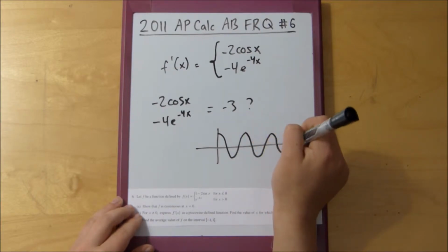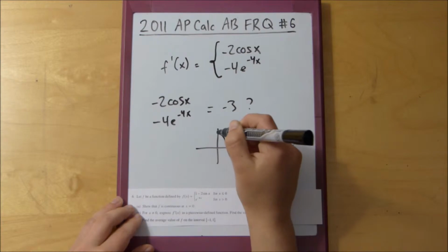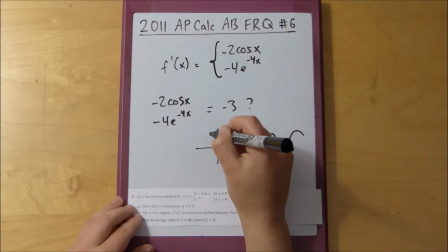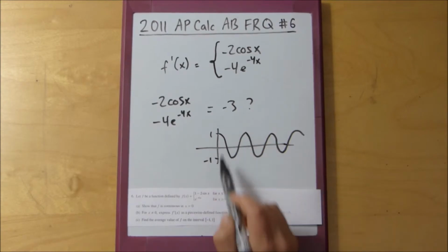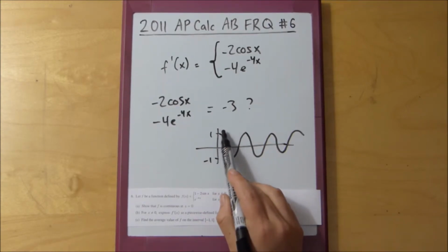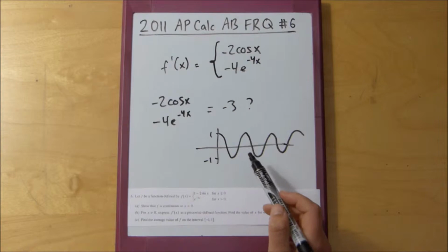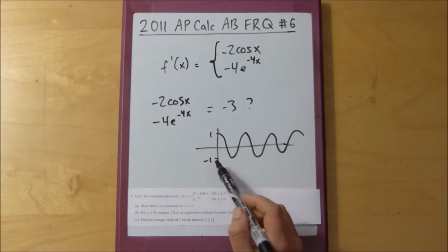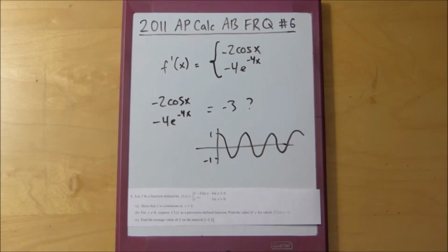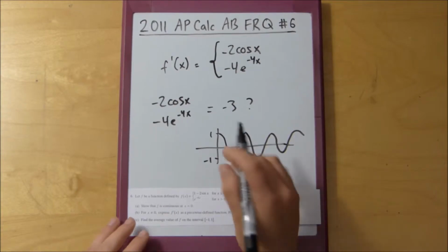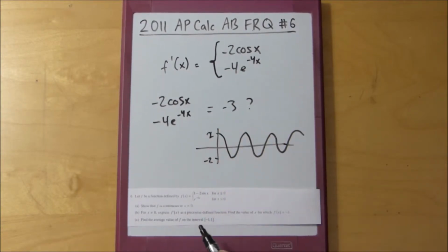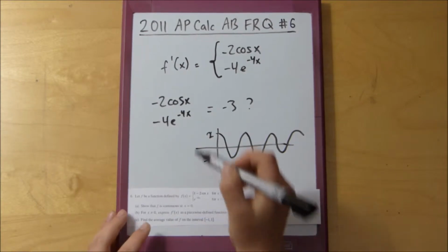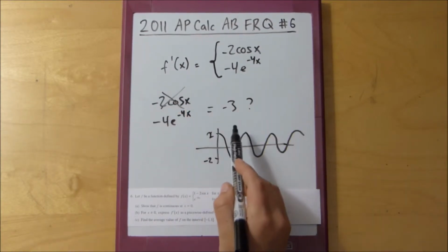The normal cosine graph only goes from negative 1 to 1, right? Its amplitude is 1. And then when we multiply that by negative 2, we know it'll only reach negative 2 and 2. So there's no possible way for negative 2 cosine x to equal negative 3, right?